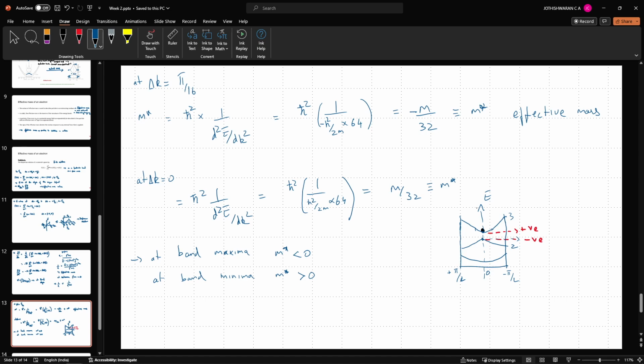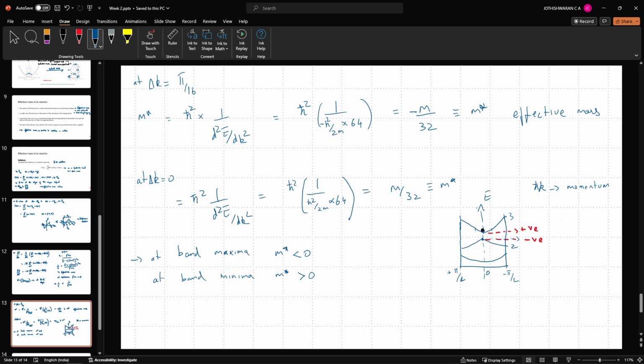One more thing that we have to remember from our original discussion is this quantity h bar k. This was covered in my first session also, and it has been covered in the lectures also. This is the momentum of the electron or the particle in quantum mechanics.